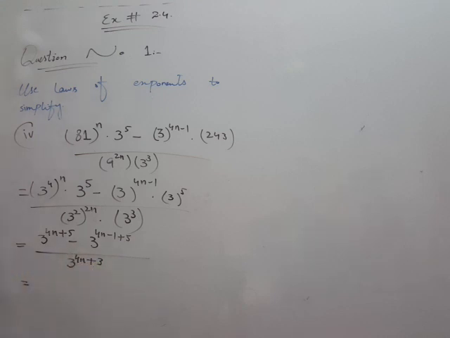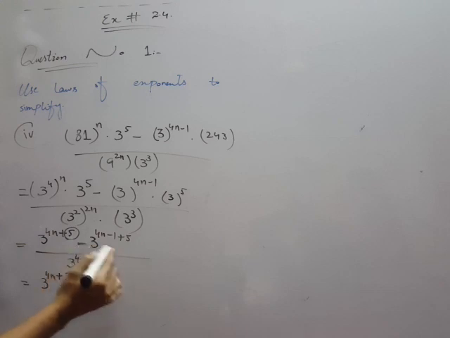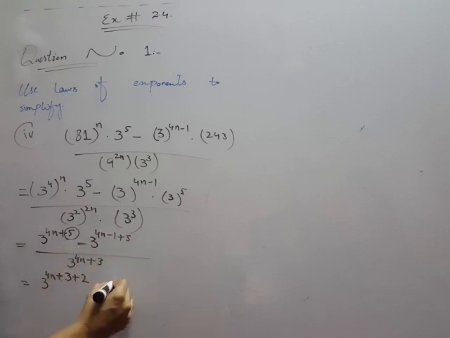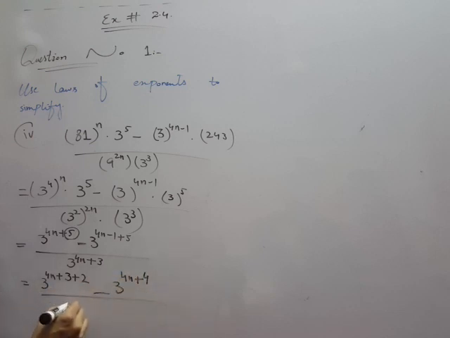Okay, 3 raised to power 4n plus 3 plus 2. Okay, I can write 5 in these two digits. Here is the minus 3 raised to power 4n plus 4, divided by 3 raised to power 4n plus 3.